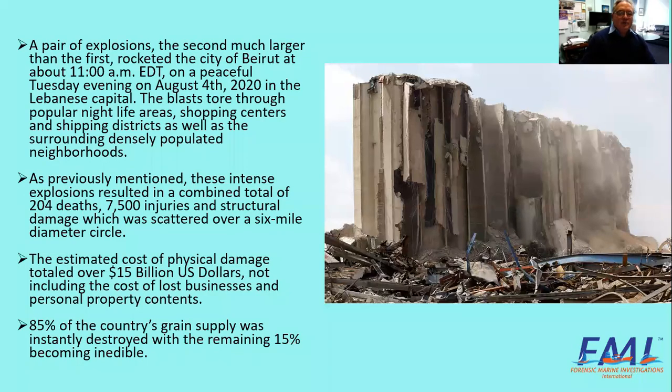So a little bit of a summary. There were 2 explosions, the second being much larger than the first. They set off this blast at about 11 a.m. Eastern Daylight Time in the States, or approximately 5 p.m. in Beirut time.